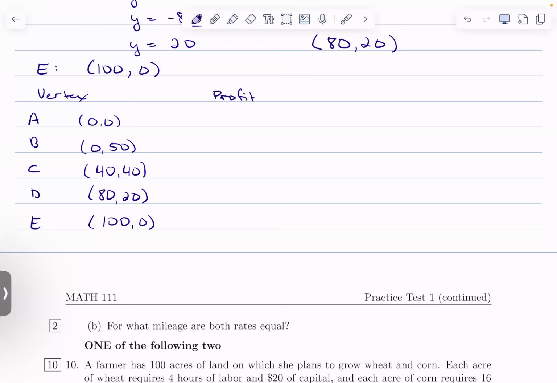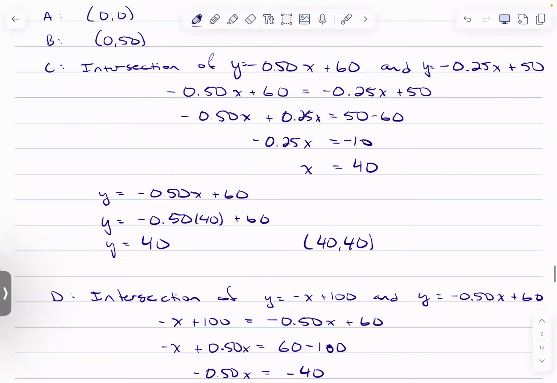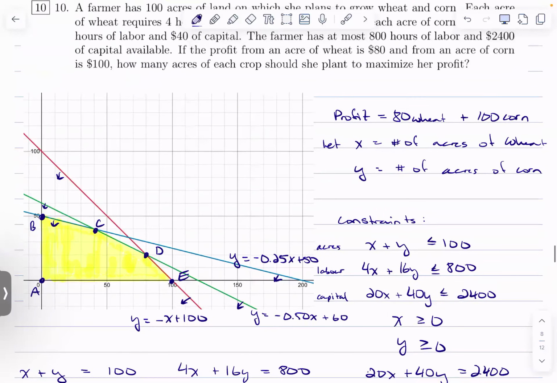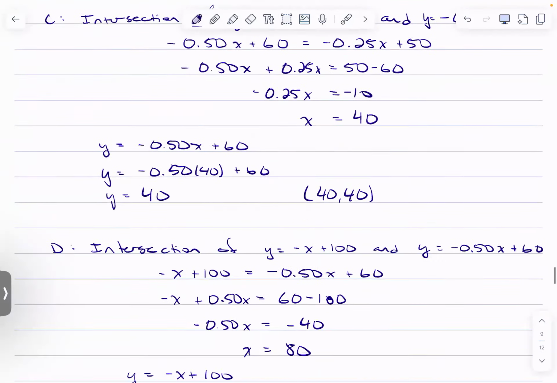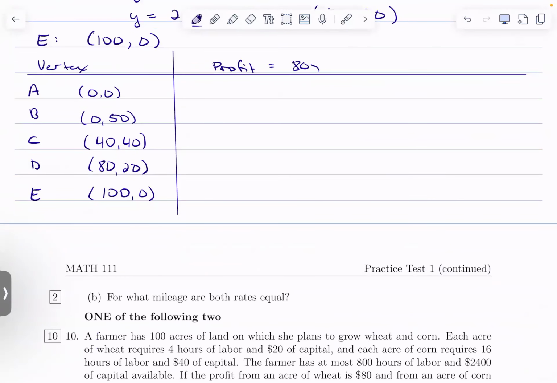Then the profit is 80x plus 100y. Here you get 0 profit, which is better than not coming at all.